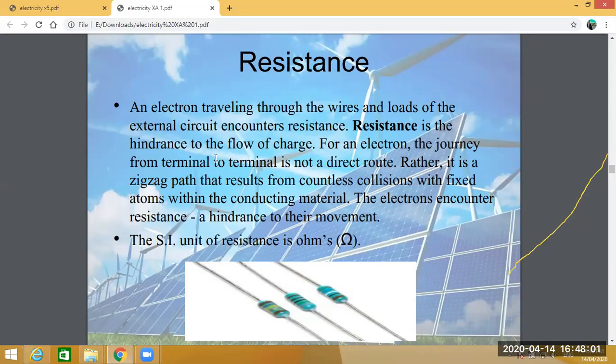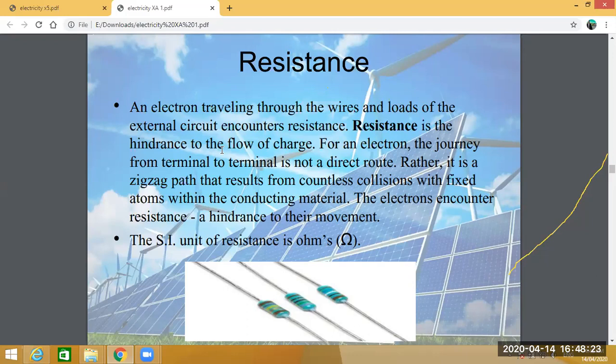An electron traveling through the wires and through the loads. Load means those devices which absorb electrical energy from the circuit. That is called load. So an electron traveling through the wires or loads of the external circuit encounters resistance, encounters hindrances.